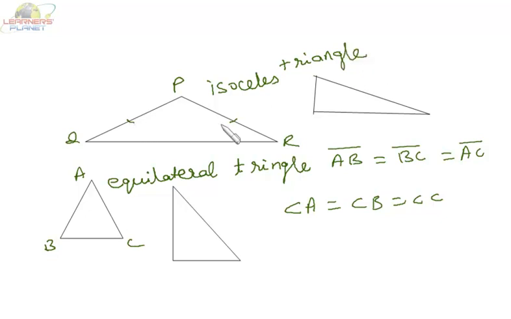Okay, if these two sides are equal, the angle opposite to them will also be equal. So side PQ is equal to side PR, that means angle Q is equal to angle R. Okay, so this is an equilateral triangle and this is an isosceles triangle.